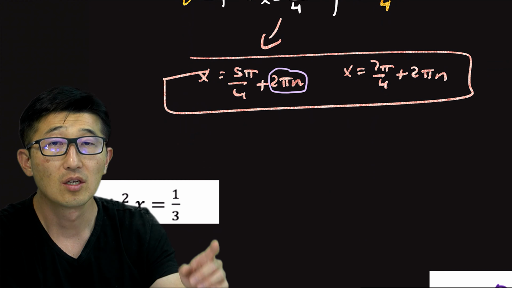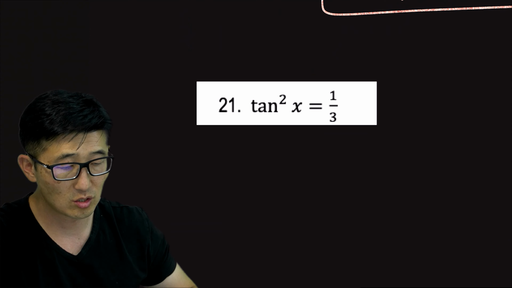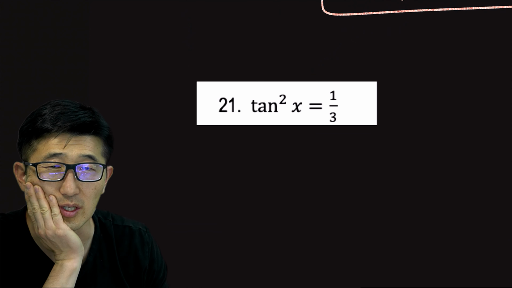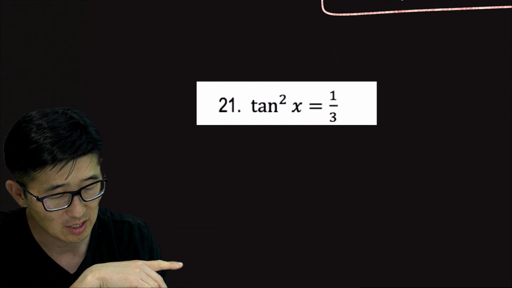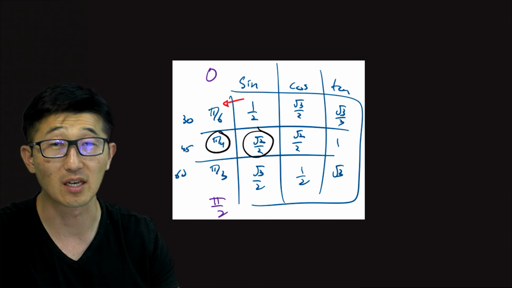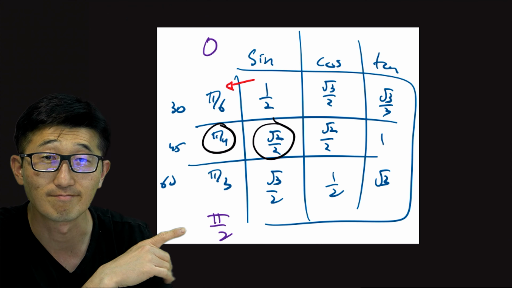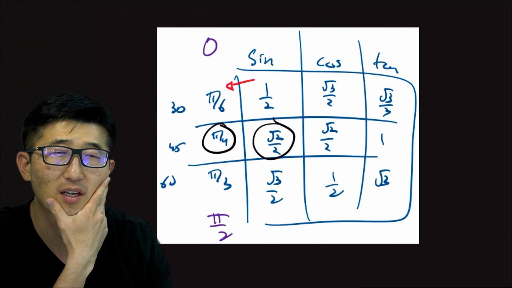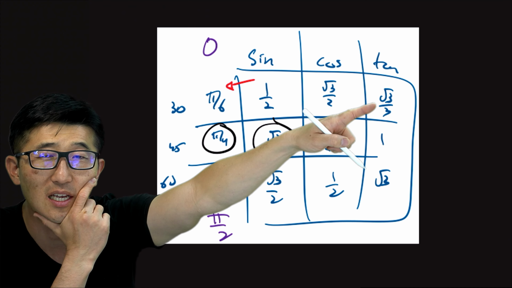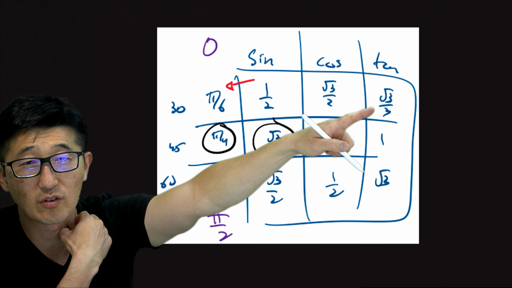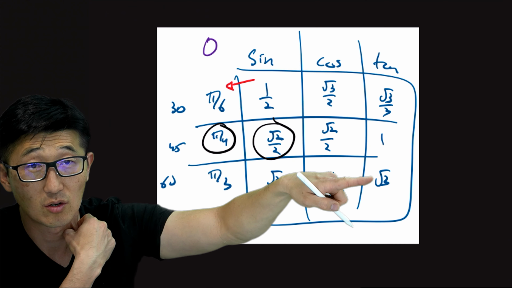So this one right here, you're like, okay, what do I do with this one? You see a square, and if you're lost, just go back and look at your chart. Tangents are rad 3 over 3, 1, and rad 3.